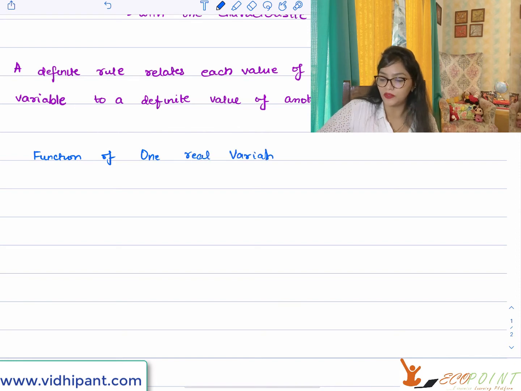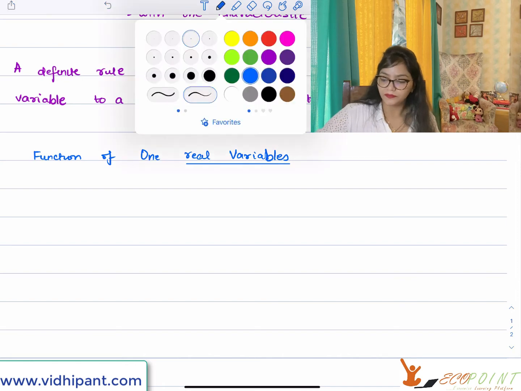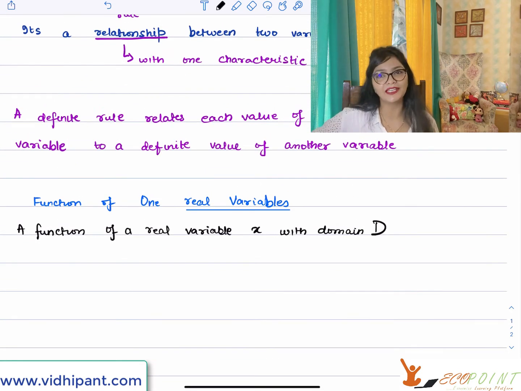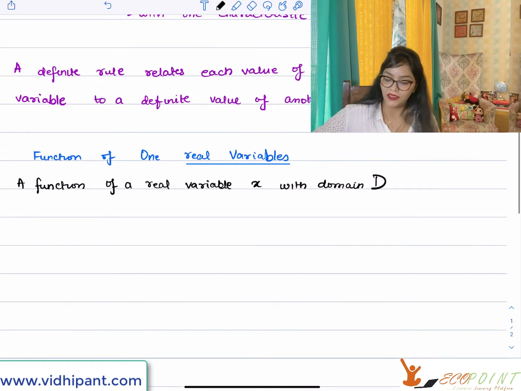We'll be talking about real functions here, functions of a real variable x with domain, say, D. Now I'm going to explain what this domain actually means. x is with the domain D, that means your input set.